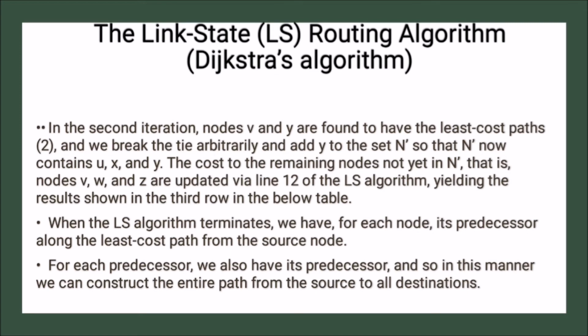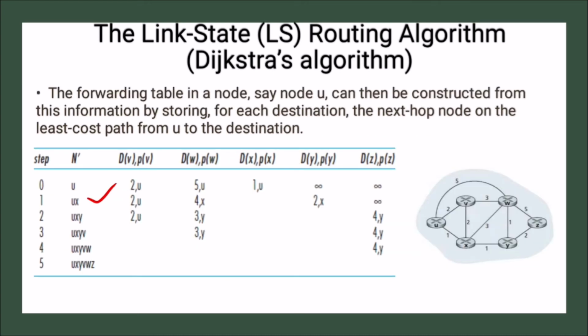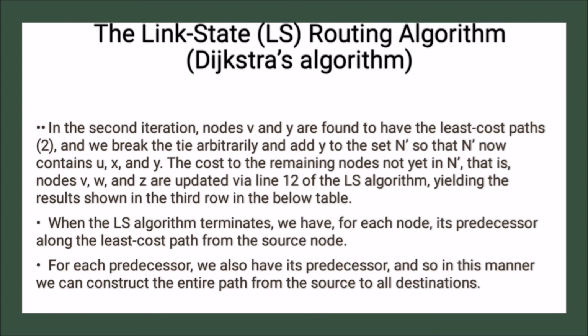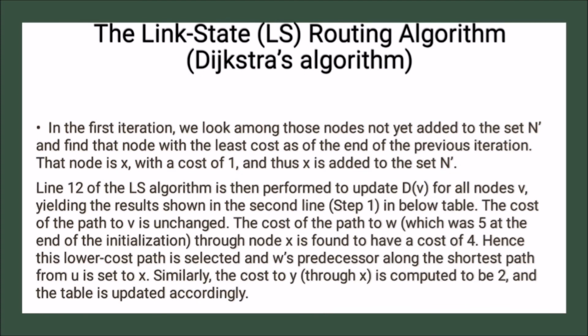For each predecessor, we also have its predecessor, and in this manner we can construct the entire path from the source to all destinations. So first we calculate the direct neighbors' cost, and then we add one node at a time by calculating the minimum path of it.